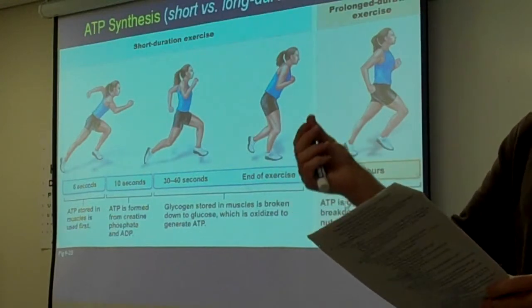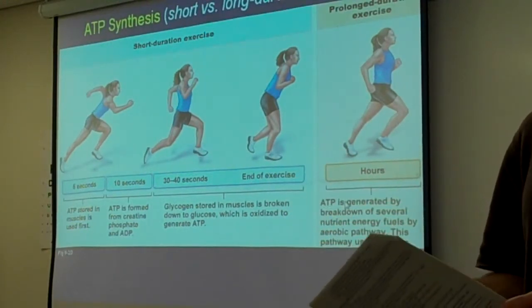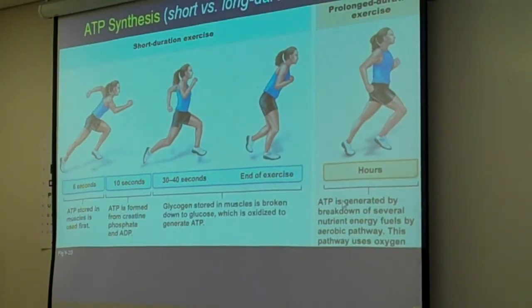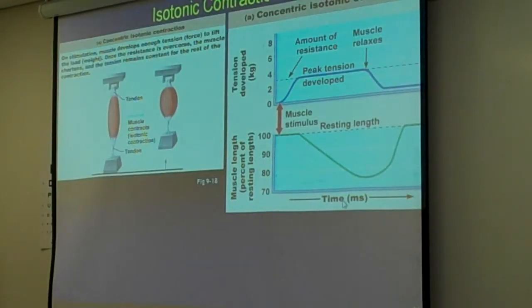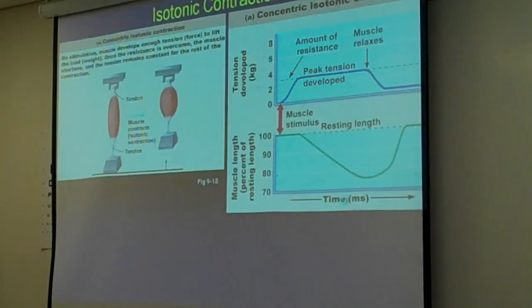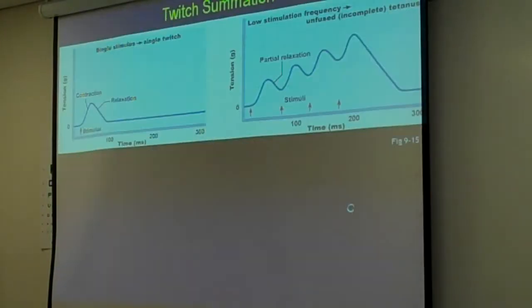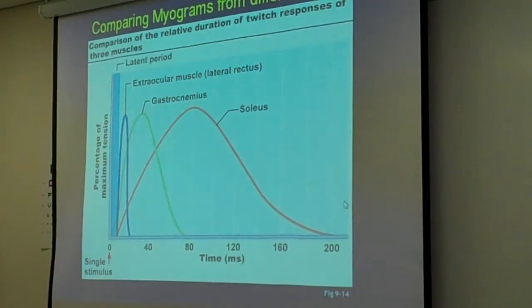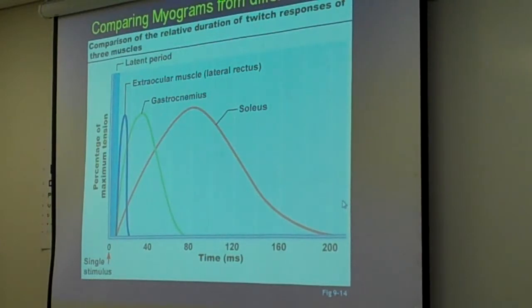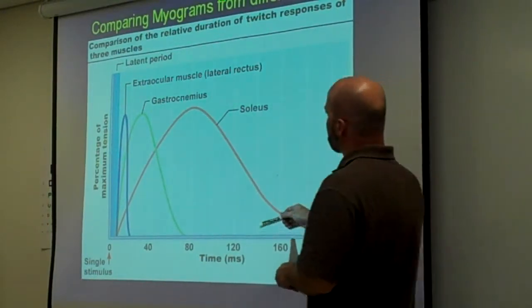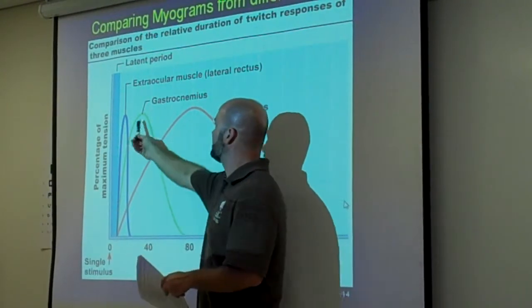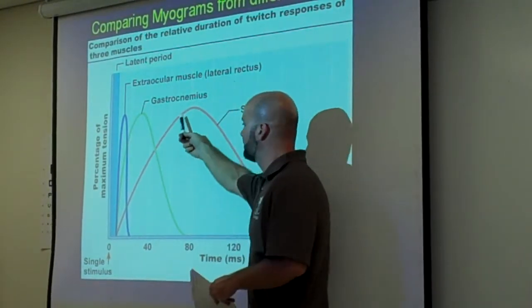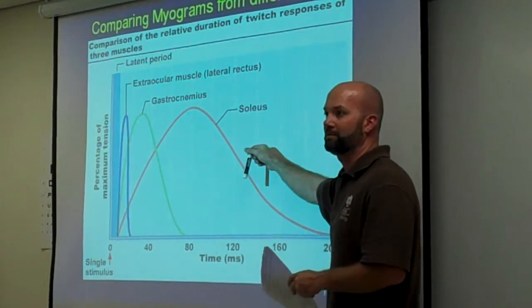That can be measured experimentally with a myogram. And if you go back to what I showed you last class, the myogram for the fast twitch fiber occurs over a much shorter period of time and generates more tension than the myogram for a slow twitch fiber.